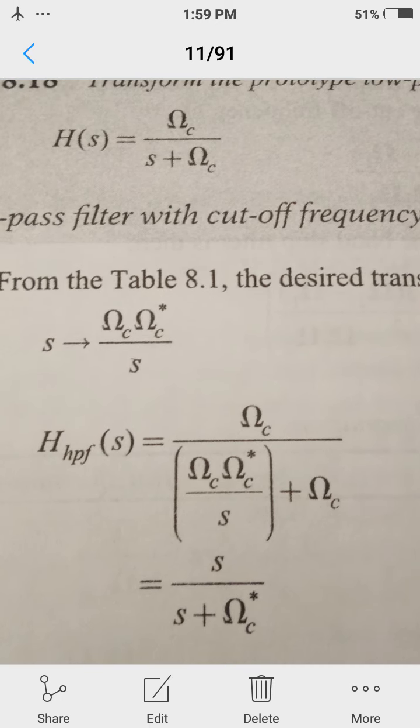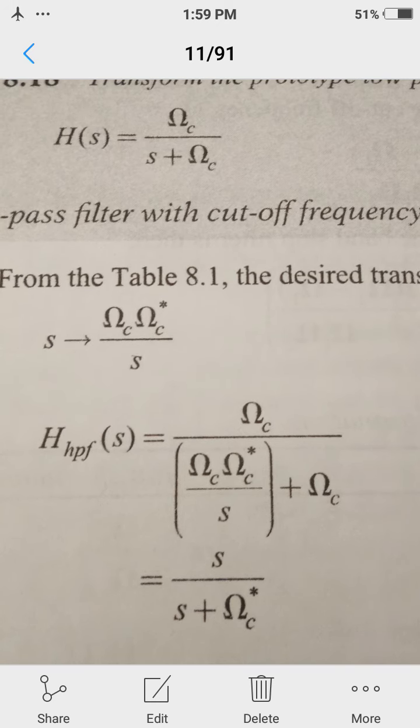This we have to substitute in place of s in the given transfer function. So the high pass filter response is given as Ωc/(Ωc'/s + Ωc), and by solving it we get s/(s + Ωc').